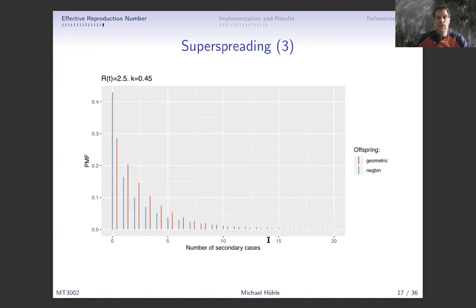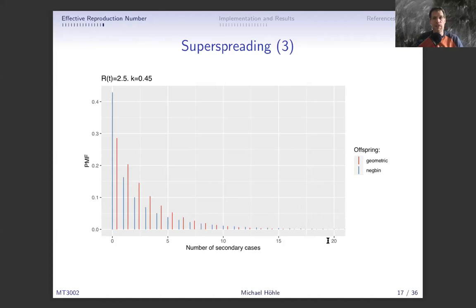This is something which, at least with a lot of effort, is still economically somewhat cheaper than trying to ban everybody from having contact with more than one person at a time. If you know this offspring distribution, then you maybe have a better chance to control the outbreak.